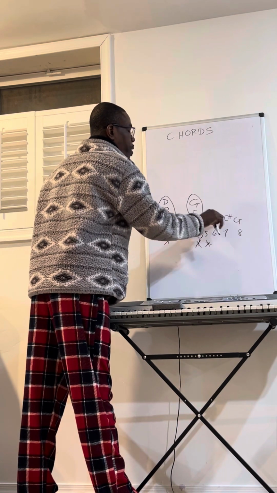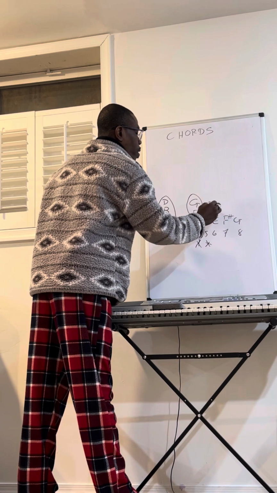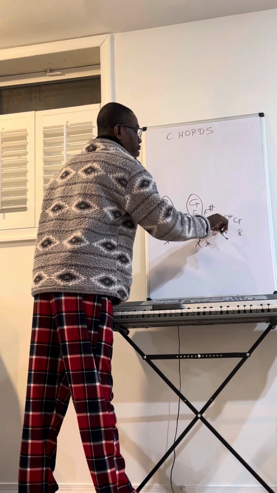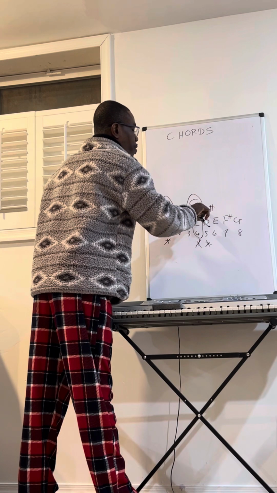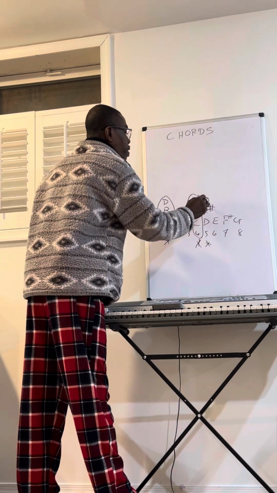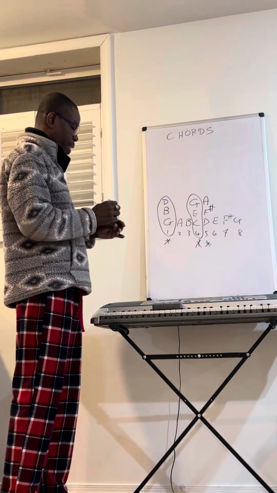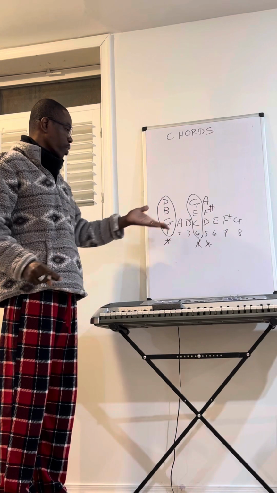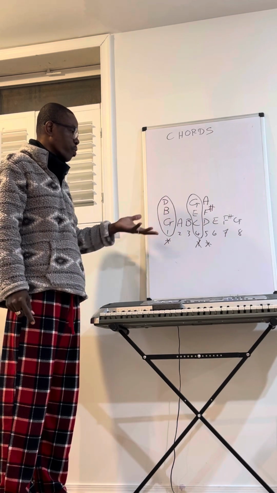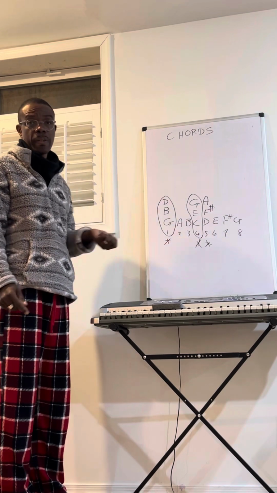The next note would be F sharp, because we skip E, and after F sharp, we skip G and go to A. See it there? So there you have the 3 major chords of the G major scale: the G chord, the C chord, and the D chord.